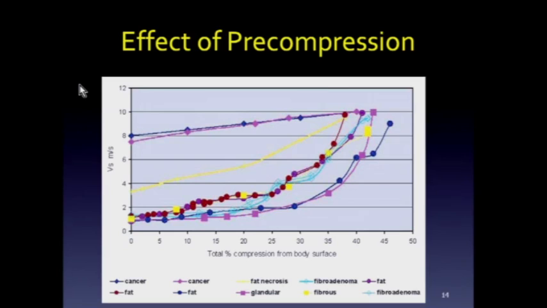So it's really important that you're able to control pre-compression, and we have a technique that we standardize in our lab of applying minimal pre-compression so that we're all doing things exactly the same, to eliminate that effect and get more consistent results.